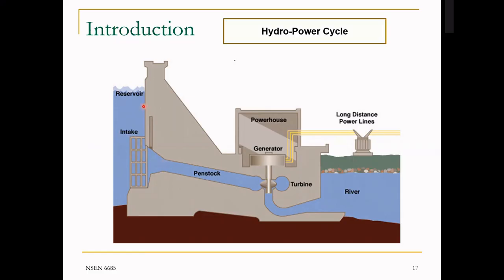Or maybe it's one running river, but that river has different altitudes, so we can convert that potential energy difference into electricity. In some applications, we can also pump the river water back to behind the dam, store it at a high altitude or high level, and then convert that potential energy again into electricity.